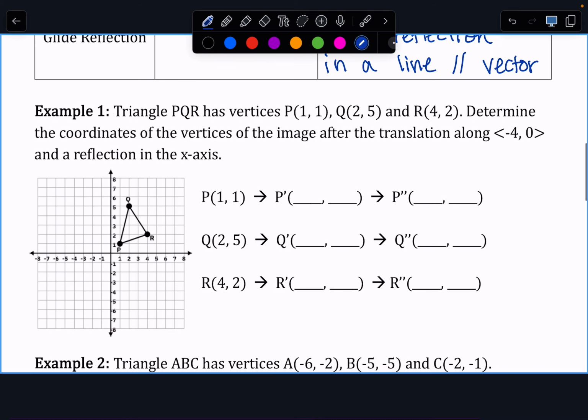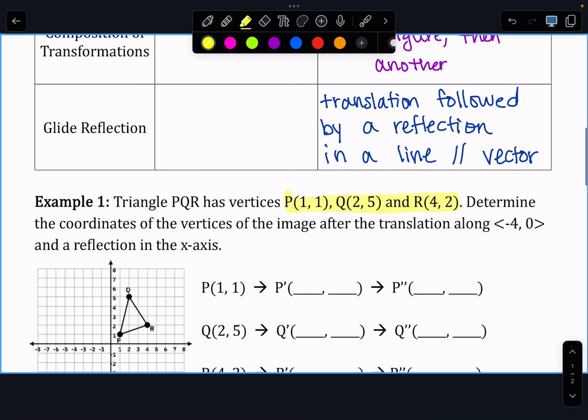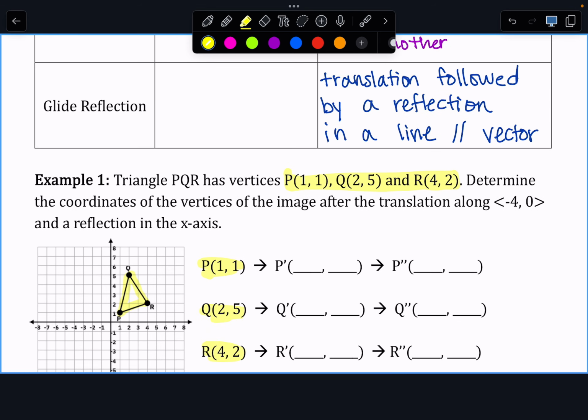Okay. So we have our original PQR. And the first thing we want to do to PQR is translate it along the vector -4, 0. Okay?